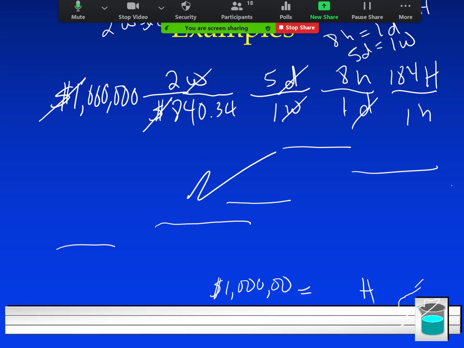So now all I have to do is, because I got the right units, I just have to push those buttons on my calculator. 1 EE6, because I'm too lazy to write a million, times 2, because it's on the top, divided by 840.34, times 5, times 8, times 184.